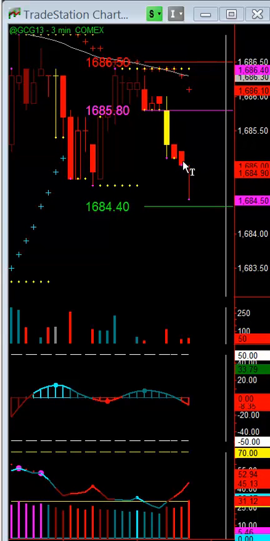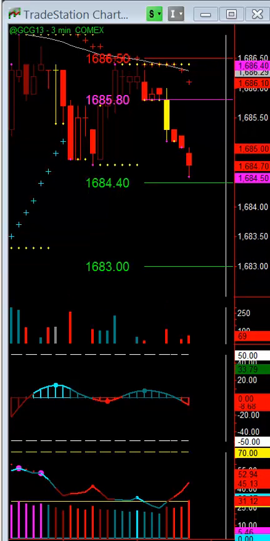It closed that little gap that it had there. I would like to see more volume come in on the seller side.